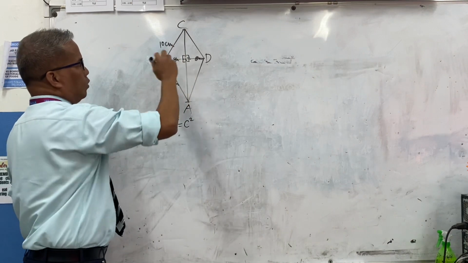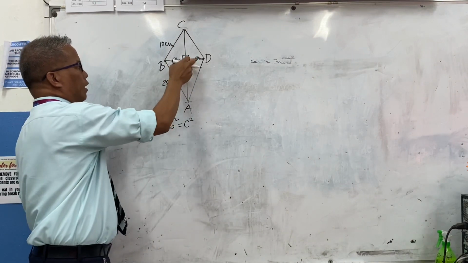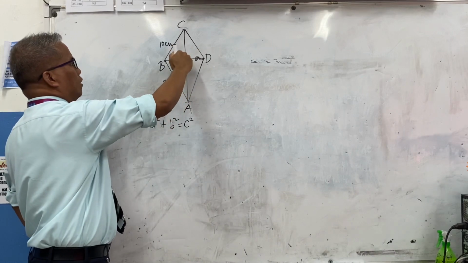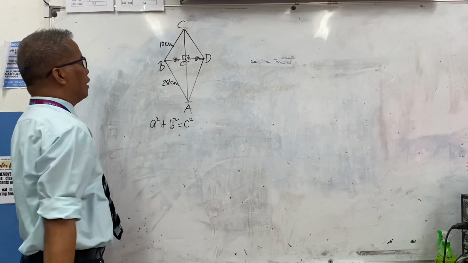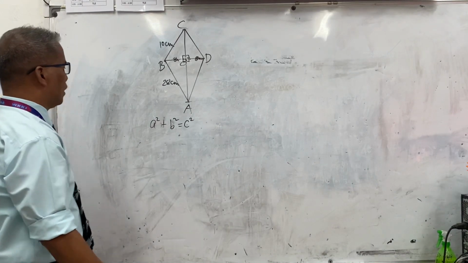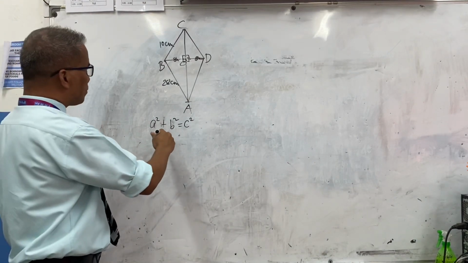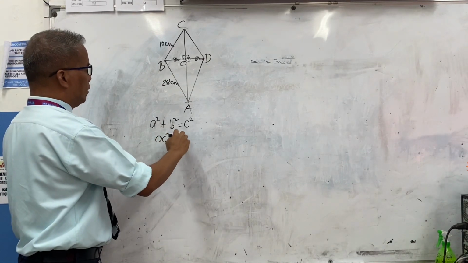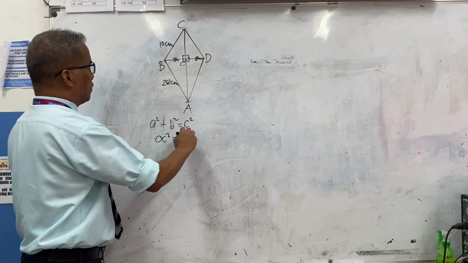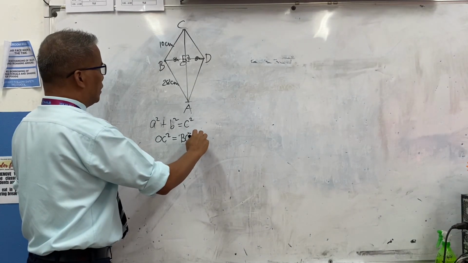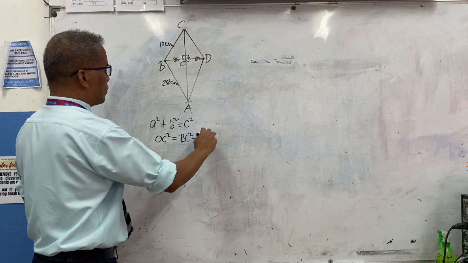Let's assign a point here. Let's say this is point O. To find segment OC, we will use the Pythagorean theorem. The formula we are going to use is OC squared is equal to BC squared minus BO squared.